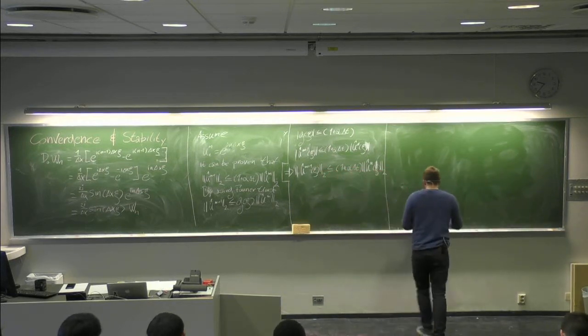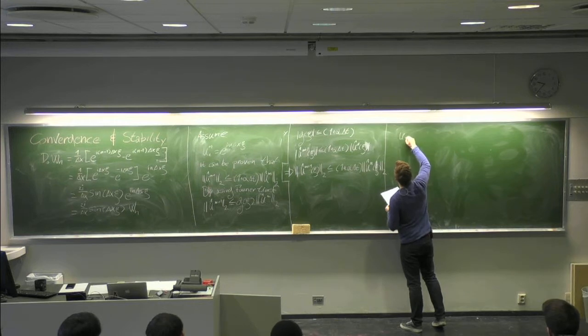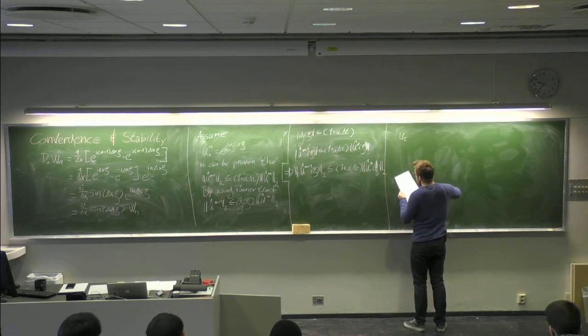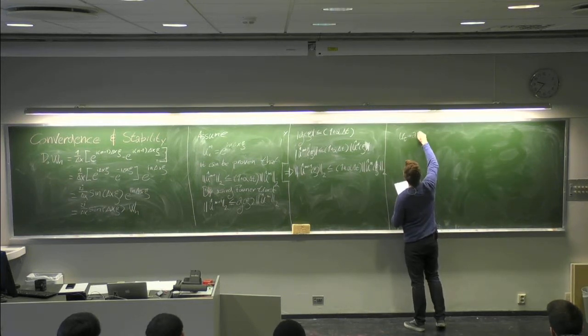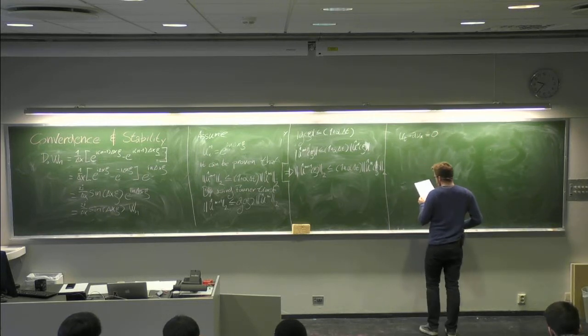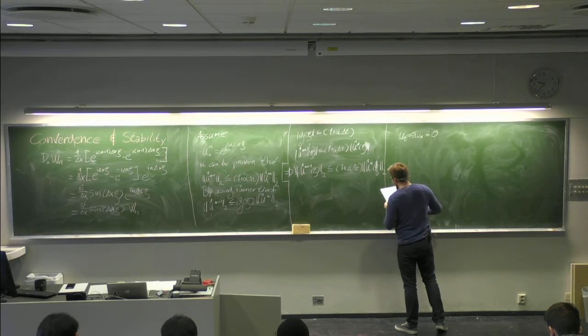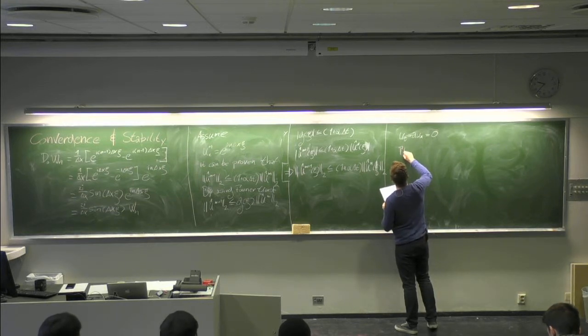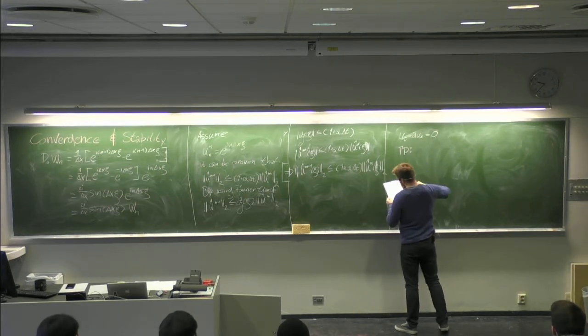So right now I look at u_t plus a u_x equals 0. So we'll have a finite difference method here, and please correct me if I'm wrong.